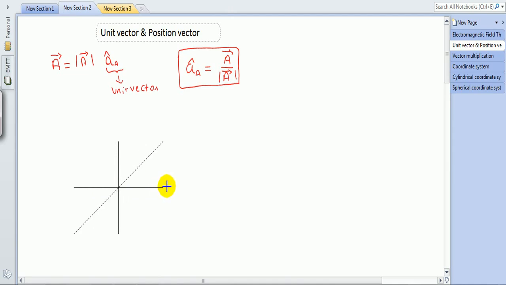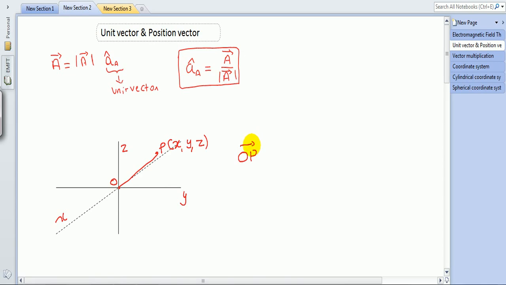Suppose this is my coordinate system having here x-axis, here y-axis, here z-axis, and I am talking about a point P which is having coordinates x, y, z, and I join this to the origin. So position vector for P will be given by OP vector.